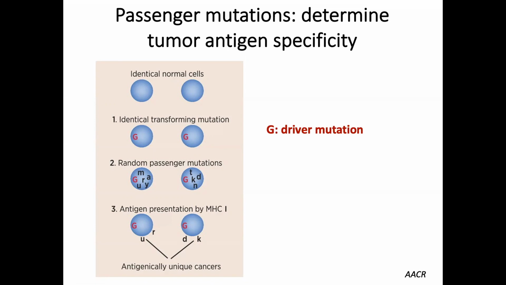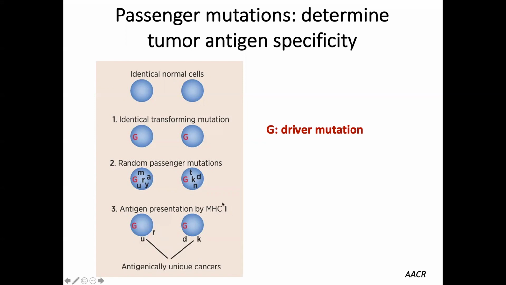Because our immune system has never seen these mutations in our body, and our immune cells will recognize these tumor cells by these mutations. We call these tumor-related mutations neoantigens.